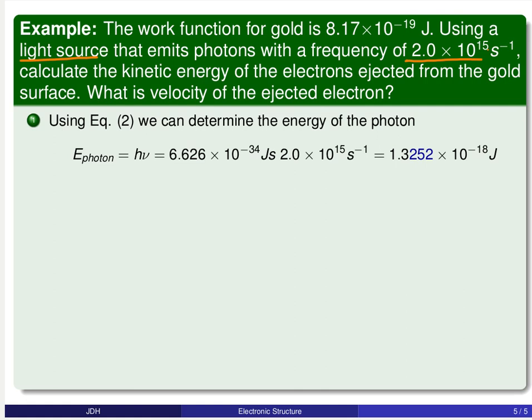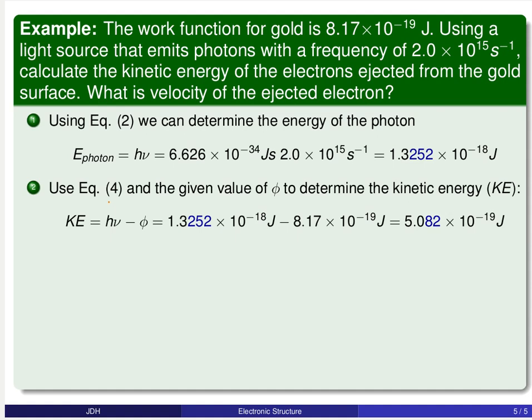In order to determine the energy of these electrons, we want to first go back to the very beginning and use equation 2 to determine the energy of the photon. Plugging in Planck's constant here and the frequency of the photon, we arrive at a value of about 1.3252 times 10 to the minus 18 joules.